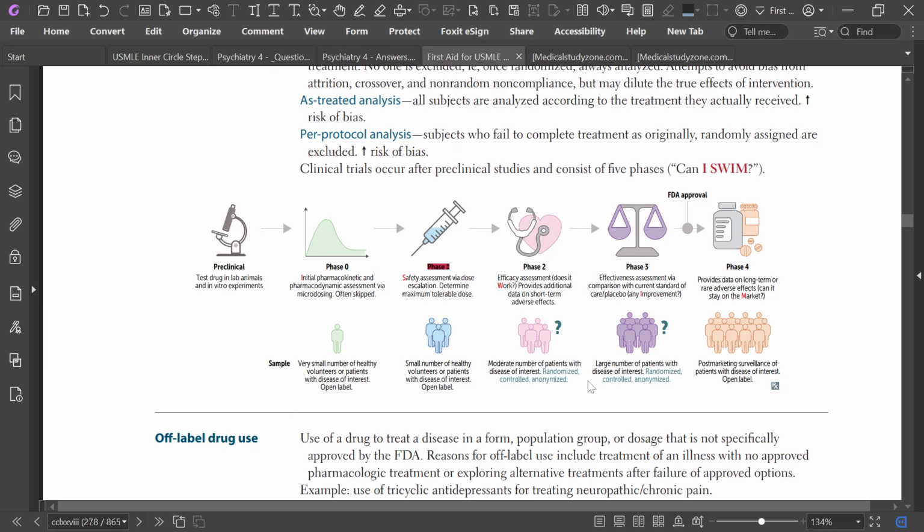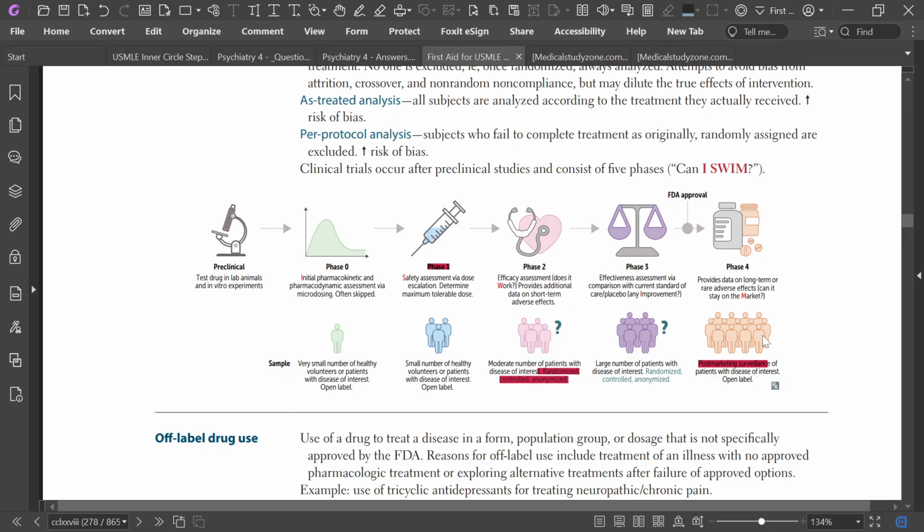In phase 2 and phase 3, there is randomized controlled and anonymized, I don't know that word. What does anonymized mean? And phase 4 provides data on long-term or rare adverse effects. Can it stay on the market? Post-marketing surveillance. This word is important in phase 4. Okay. Is it helpful? Yeah, it is. Okay.